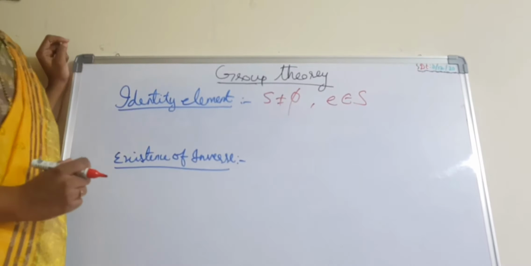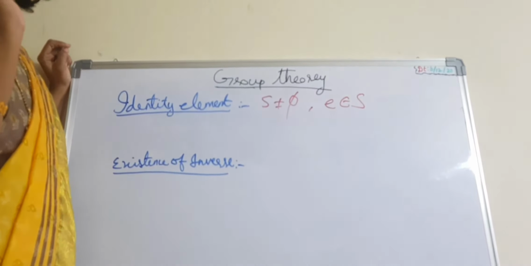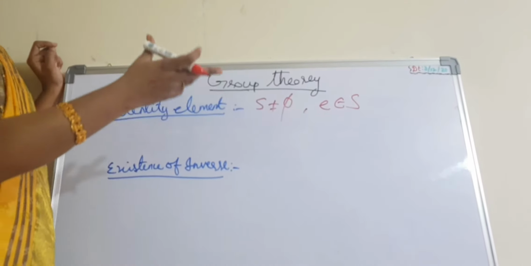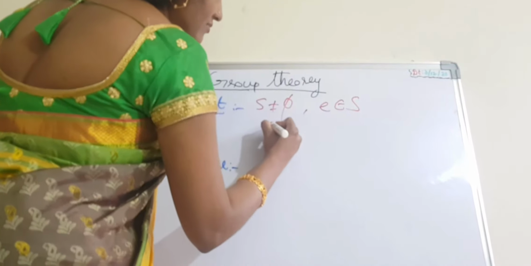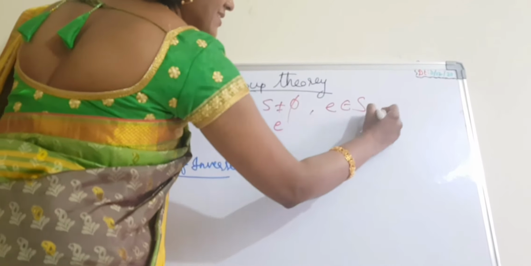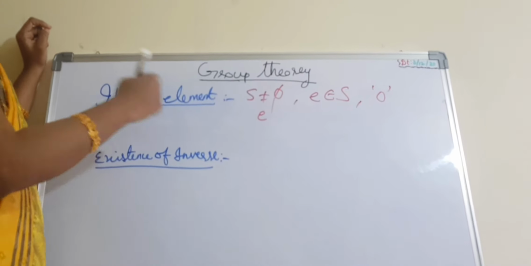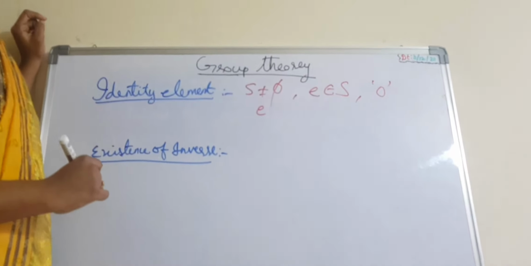Non-empty set, I told you already, at least one element must be there. Any set you can take. E is any element belonging to S. Then circle is any operation on S.